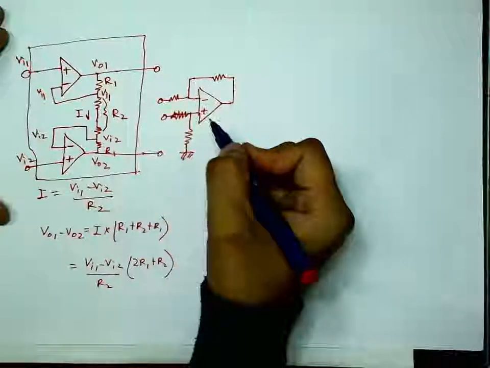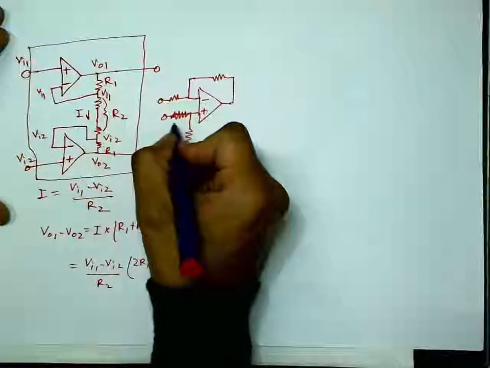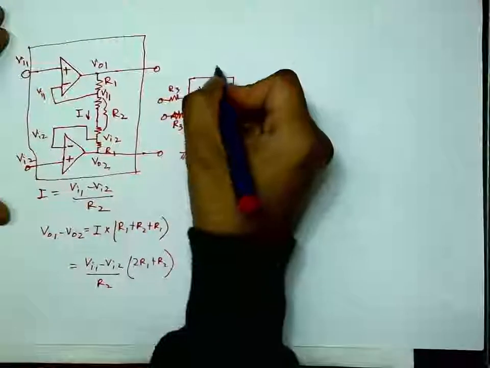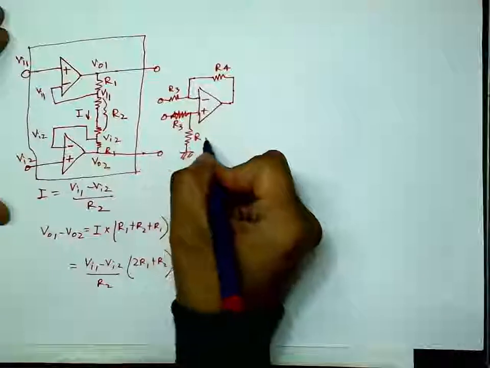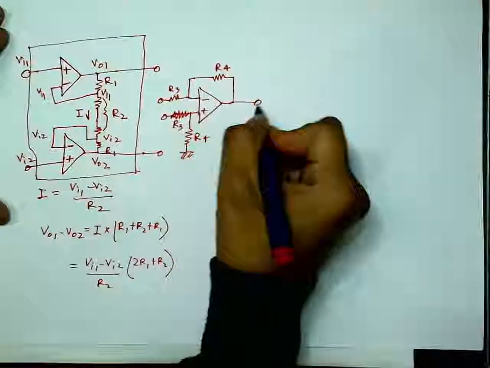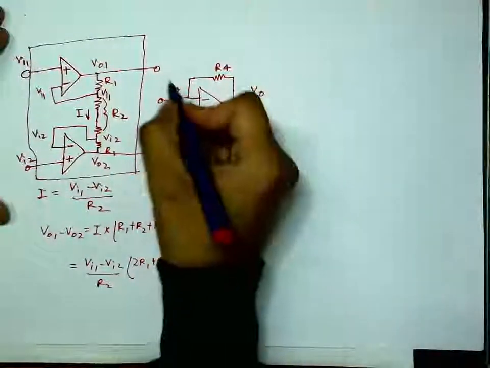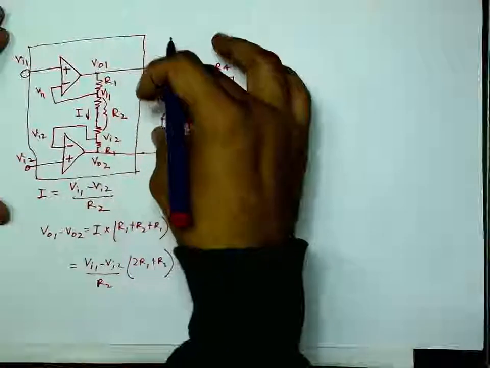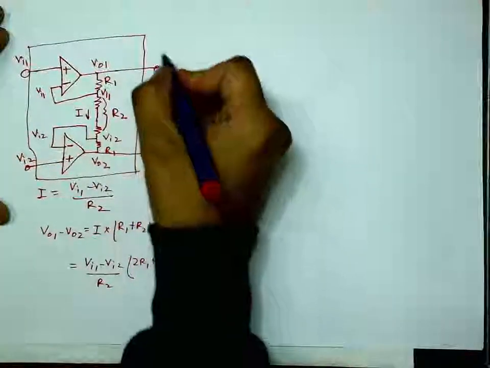These two will be the two inputs of this difference amplifier, and we take these two resistances the same, R3, R3, and these two the same, R4, R4. This is the final output, call it VO. Now join this to this and this to this, so the output of stage 1 goes as the input to this. This is stage 2.